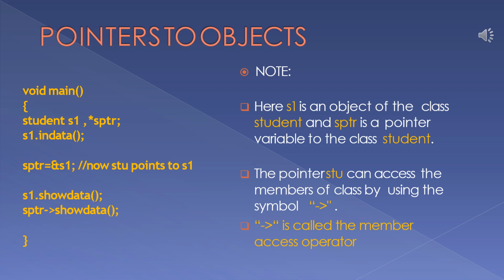In the next line, you have assigned SPTR equal to address of the object S1. Using S1, you can display data as S1 dot show data, and using the pointer, you can use SPTR arrow operator show data. The same thing as structures. You will be using the arrow operator for both structures as well as objects.